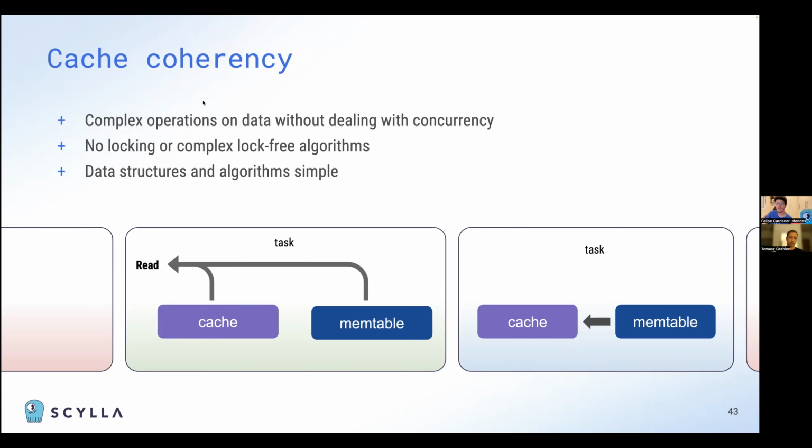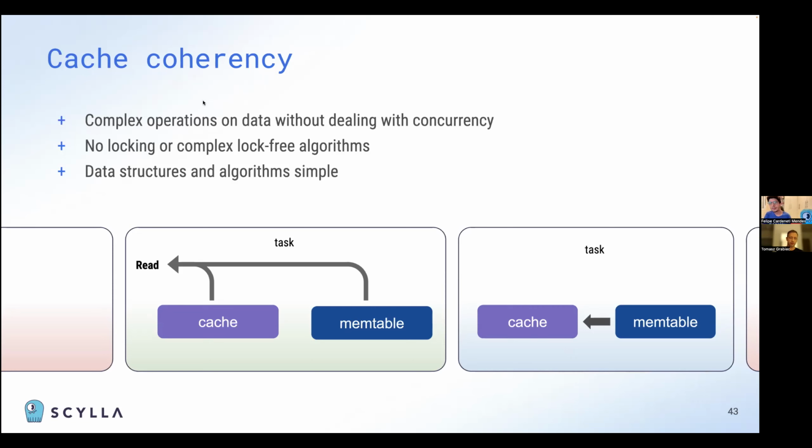And we can have concurrency control due to this design, which means we don't have to use other mechanisms for concurrency control like locks or lock-free algorithms. Those things are not necessary. And that gives us lots of flexibility in implementing the algorithms.